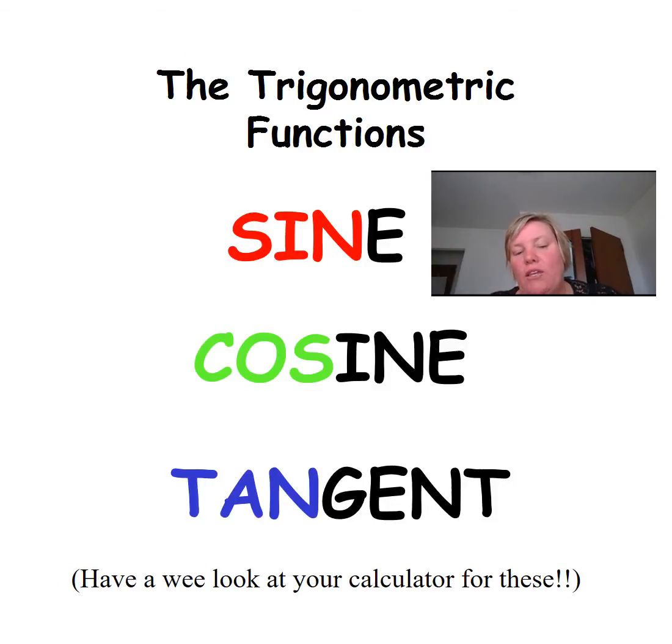If you have a look at your scientific calculator right now, you'll see those three buttons, sin, cos, and tan, sitting in a row on your calculator. That's why you can't do this without a calculator. So we're going to be using those buttons.